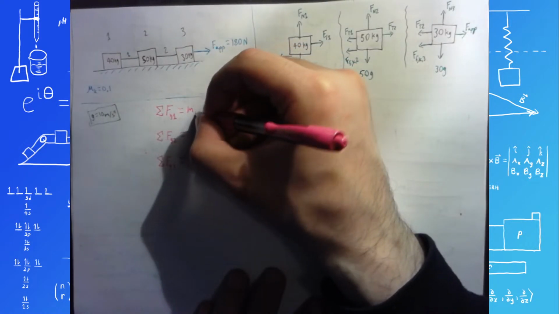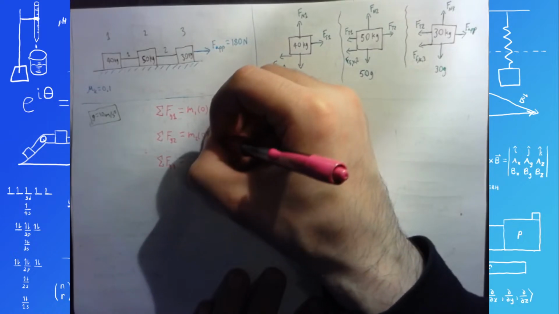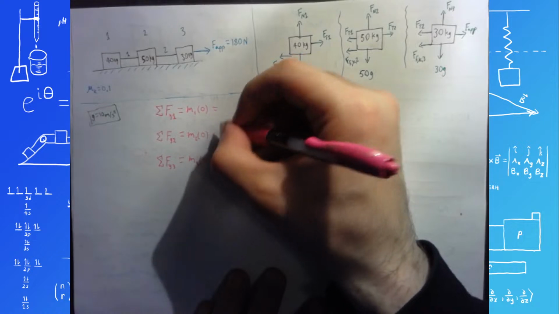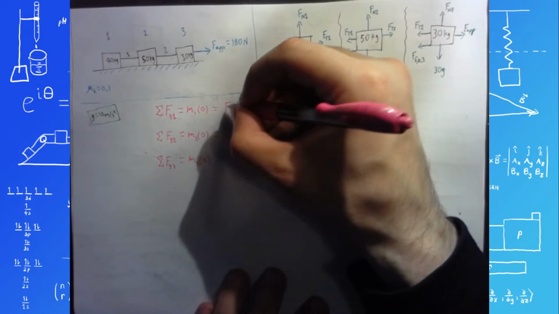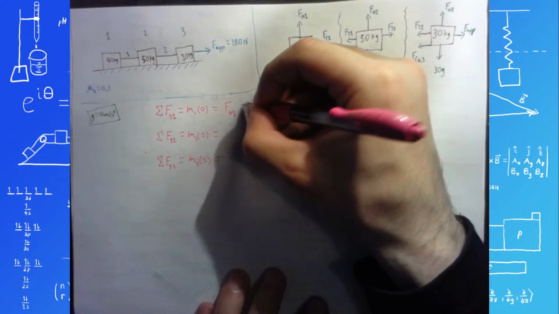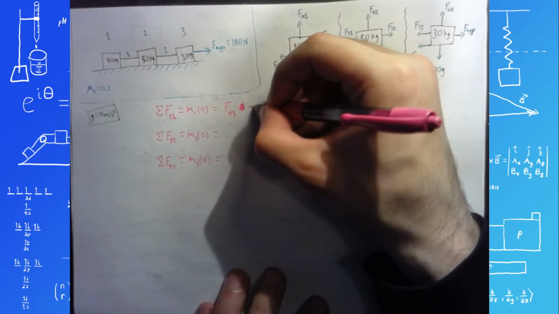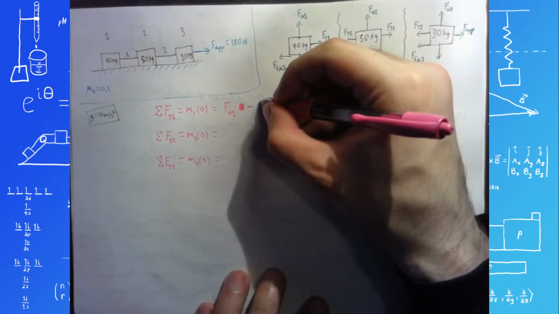So that's m1 times 0, m2 times 0, and m3 times 0 equals forces up minus forces down, so normal force 1 minus m1g, which is 40g.